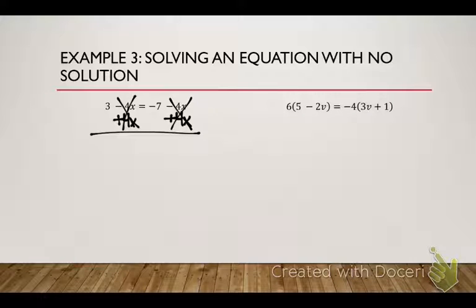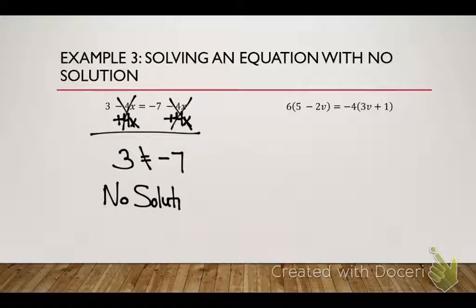Normally, when I do this step, I get a value out of it. But in this case, because they were the exact same variable, they completely canceled, and all I'm left with is 3 equals negative 7. So does 3 equal negative 7? No, no solution.